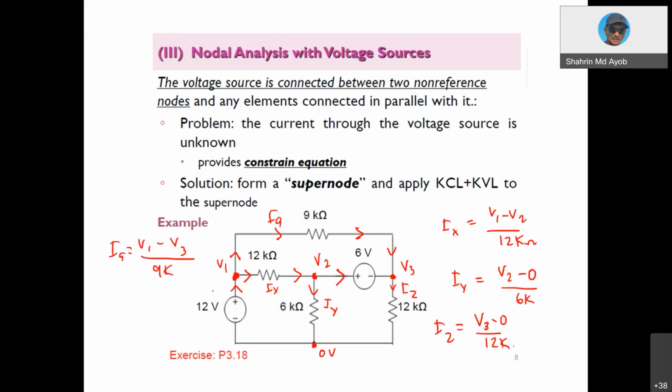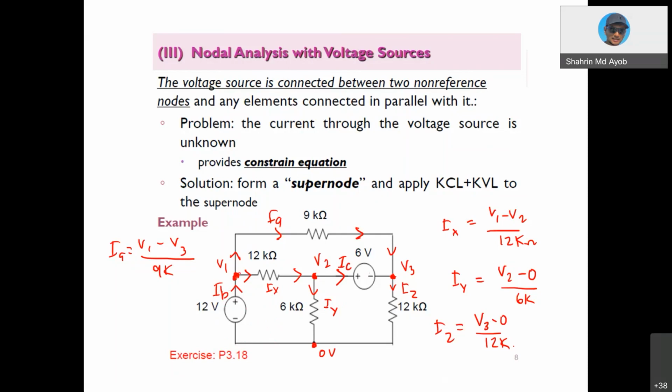But right now, for example, I want to define this one, IB, and this one, IC. Can you get the current equation for IB and IC?